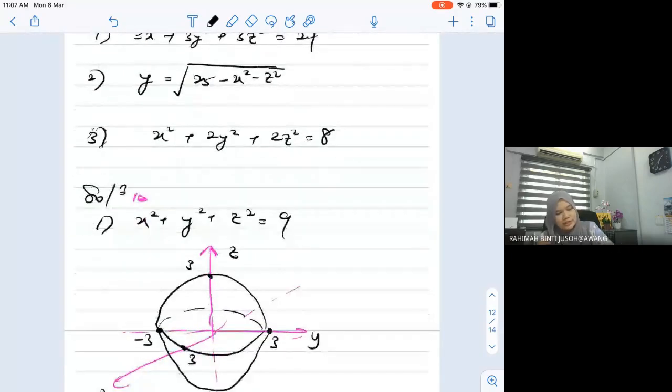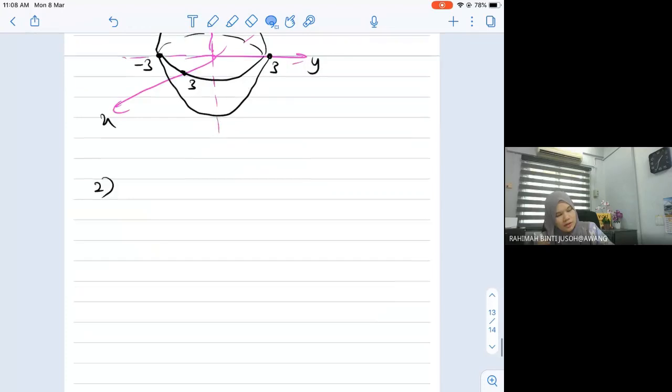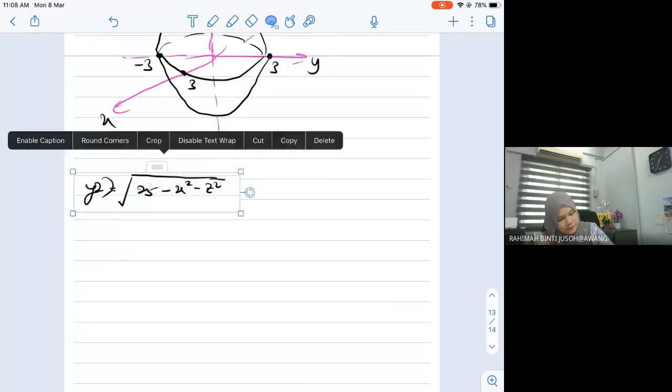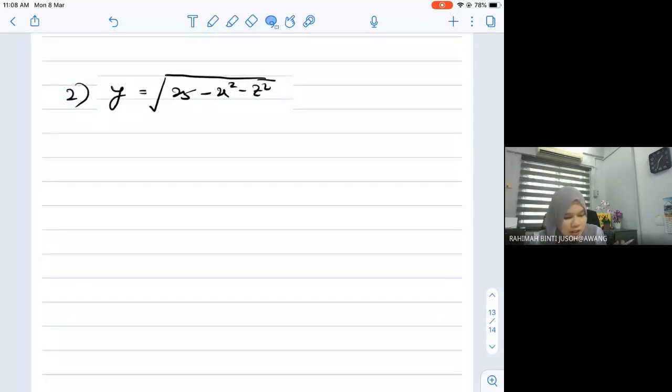Soalan nombor 2 ni menarik sikit. Kebanyakannya soalan macam ni, student akan confuse dengan paraboloid. Okay, bila soalan macam ni guys, what you should do is try square both sides. Okay, try square both sides.